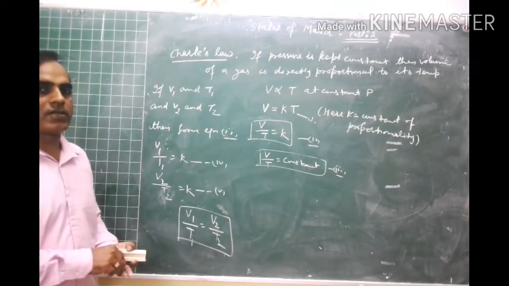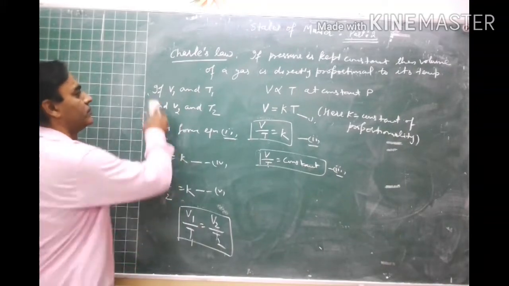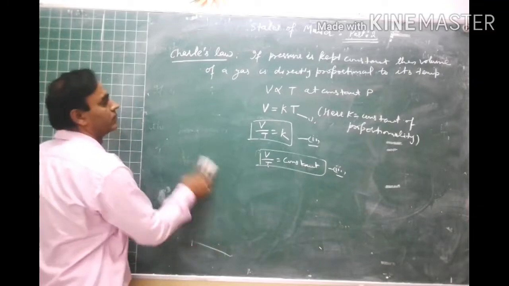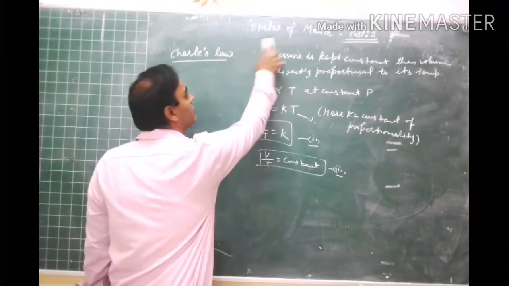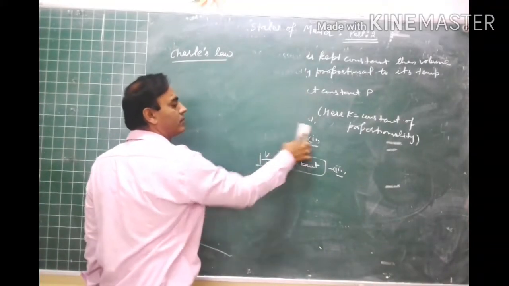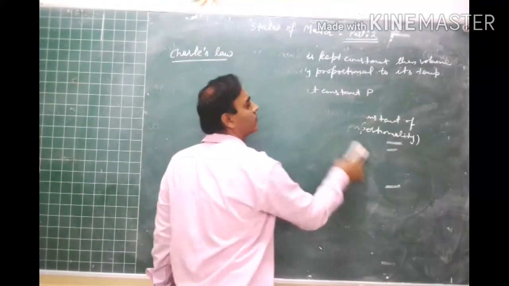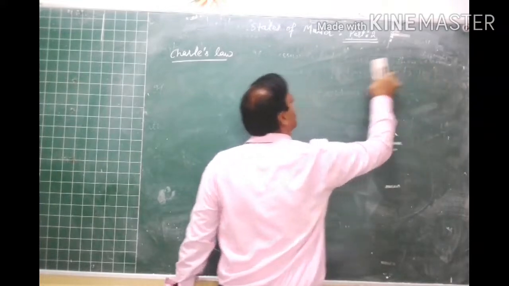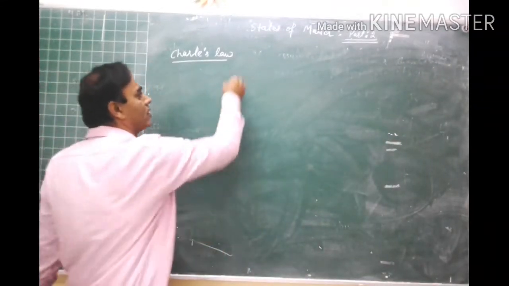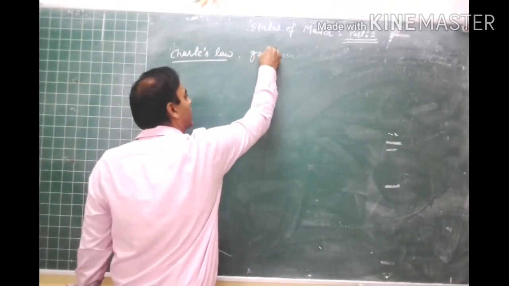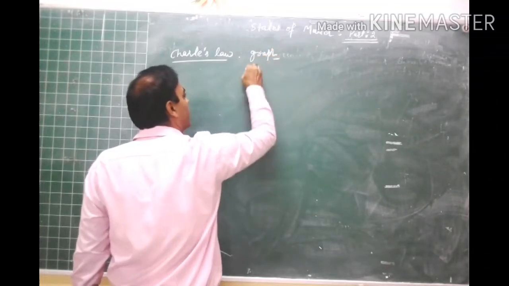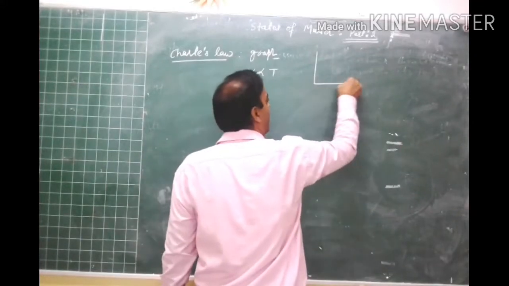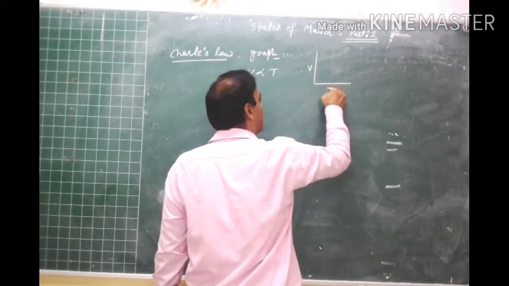Now graphs on the basis of Charles law. According to Charles law, V is directly proportional to T. So we can draw a graph with V here and T here.